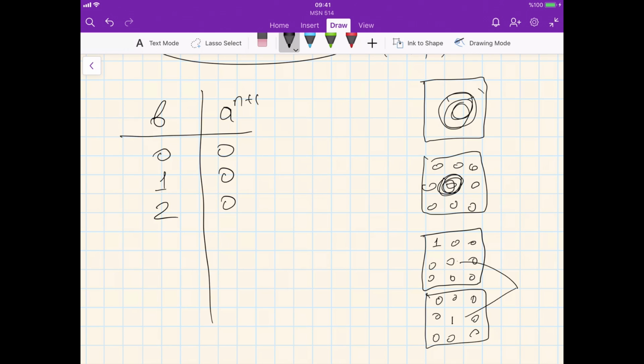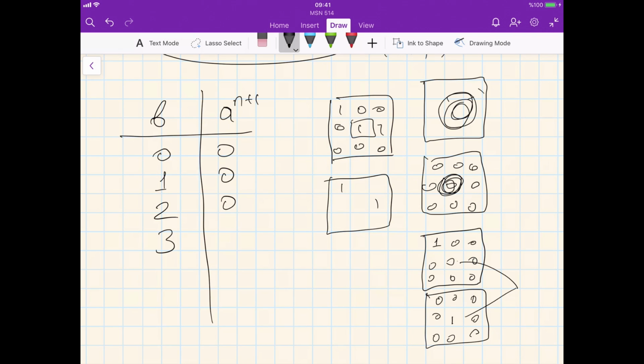Just trust me. What if it's 3? If it's 3, then you could have like 2 neighbors and 1 in between, 1 in the center. Then according to the rules, this lives on, right? What about this case?